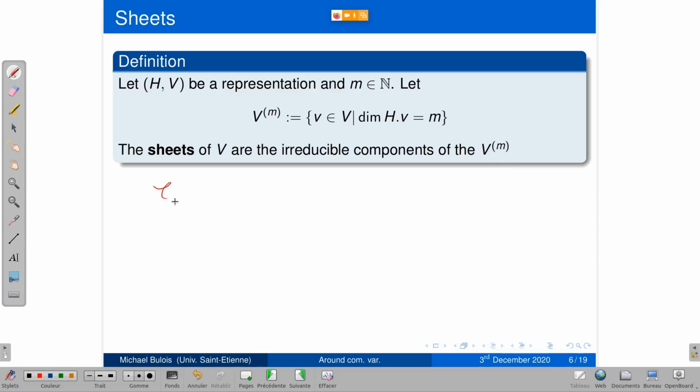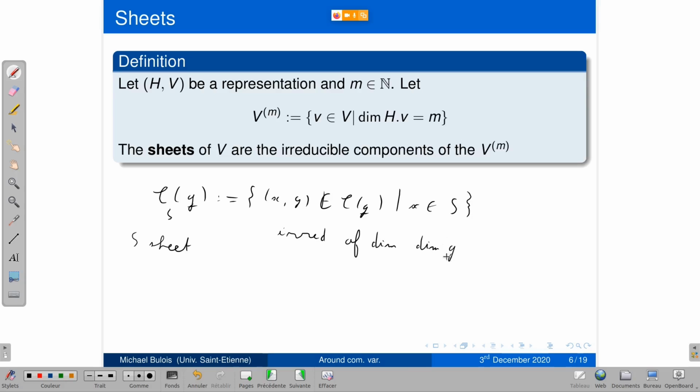And if you define CS of G, for S a sheet, as the set of pairs in the commuting variety with first element in this sheet, this is irreducible of dimension of G plus dimension of S mod G. And this dimension of S mod G is just the dimension of S minus this small m, the dimension of the orbits.